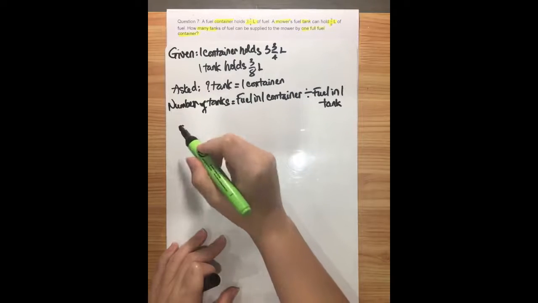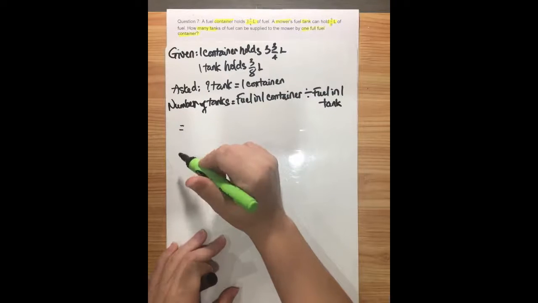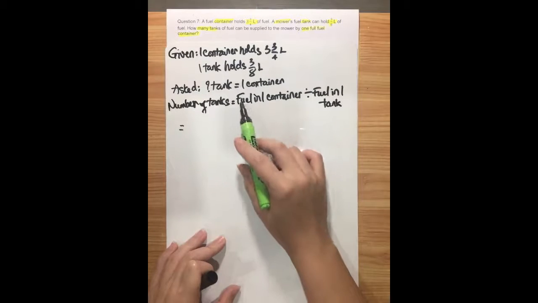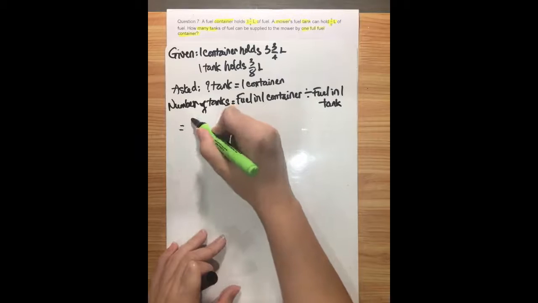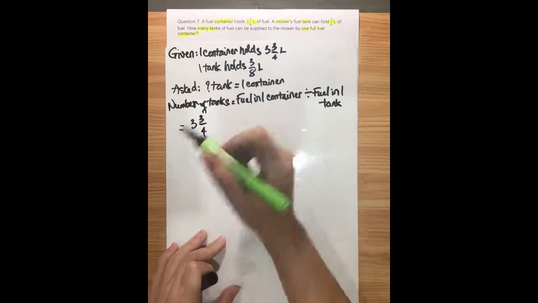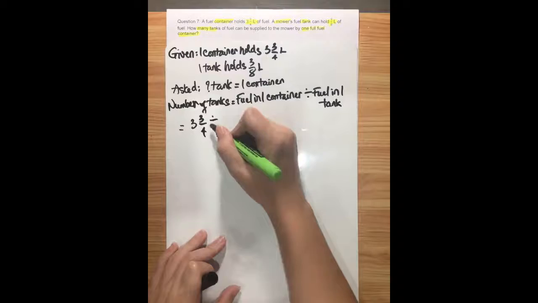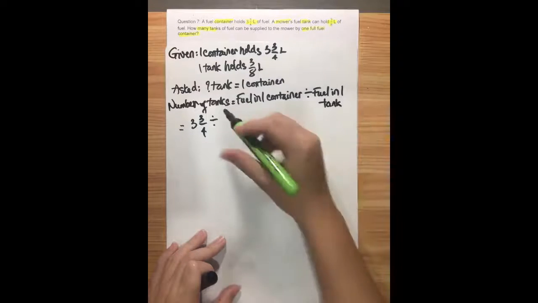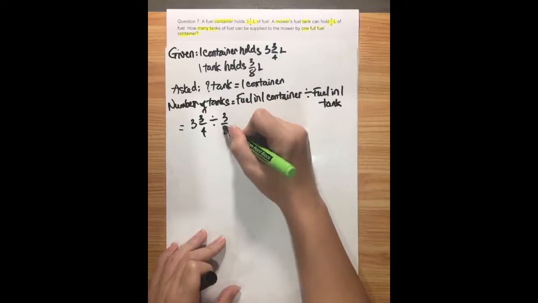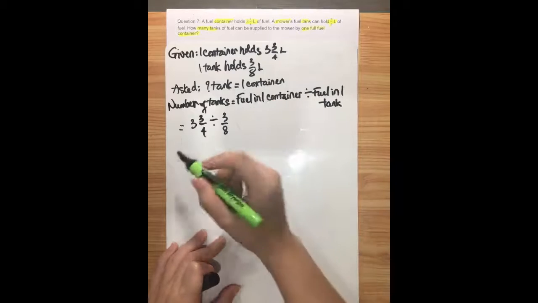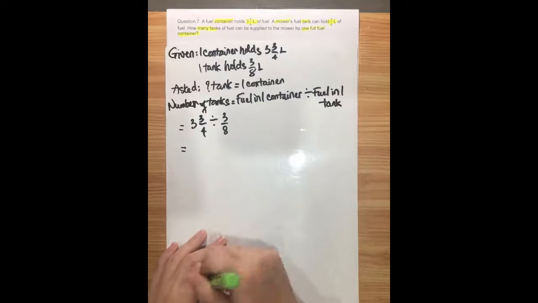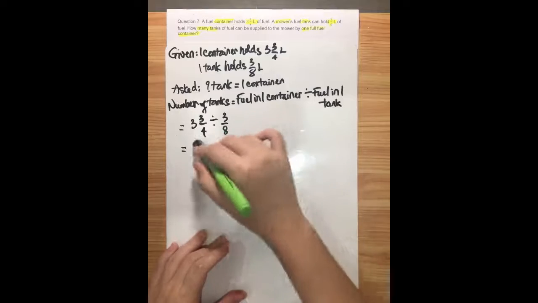And so step 4 is to insert the relevant numbers and calculate the answer. So the fuel in one container is 3 3/4, and then that divided by how much fuel in one tank, and one tank can hold 3/8 liter. So I just need to calculate how much this is.